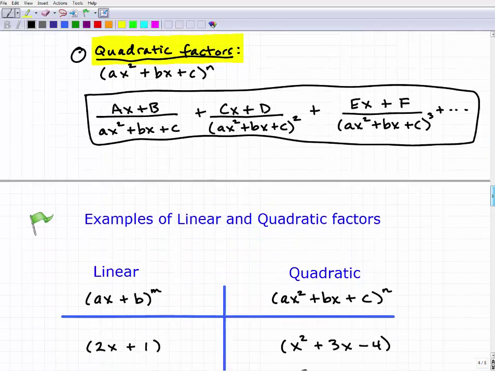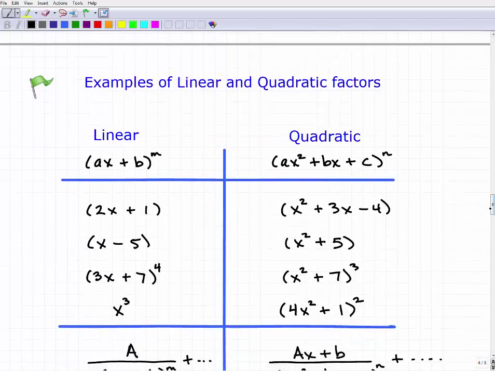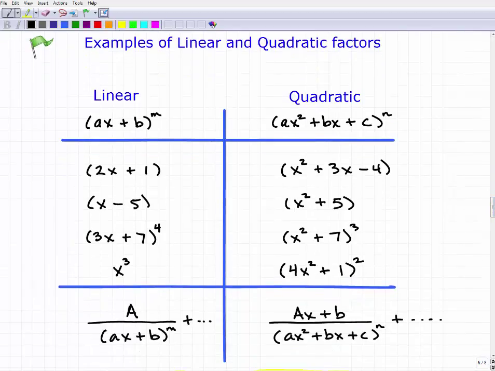We're talking about linear factors and quadratic factors. Let's make sure we understand what those are. If we factor the denominator of the rational function and we end up with factors like so, these are linear factors, in the form of a number in front of an x plus another number.